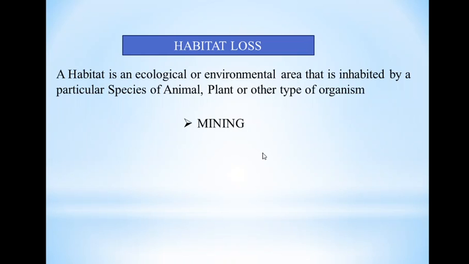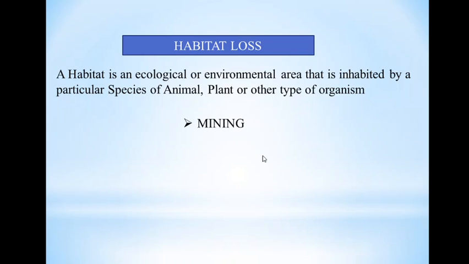Today it is the biggest threat to biodiversity, because Amazon is considered the lung of the world. But because of mining activity, various companies from throughout the world are going there and mining for different minerals, and that is the biggest threat of habitat loss.